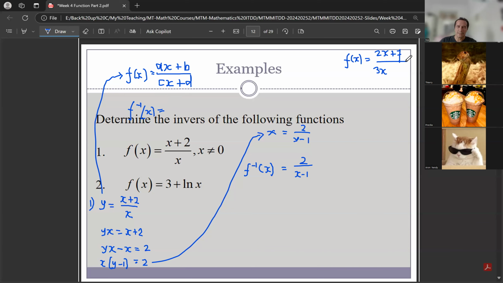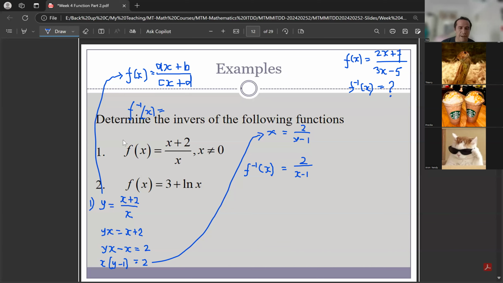So you can follow the same procedure to find the inverse of this function. Okay, so this is the solution of number 1.